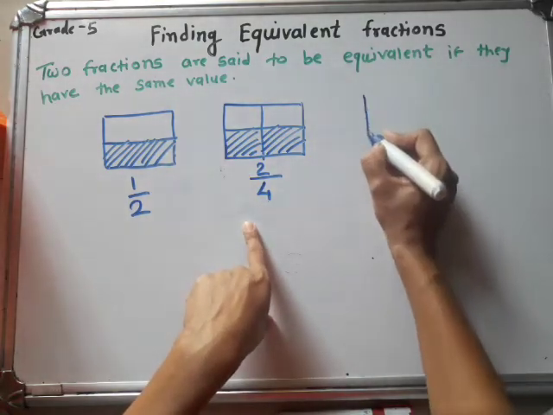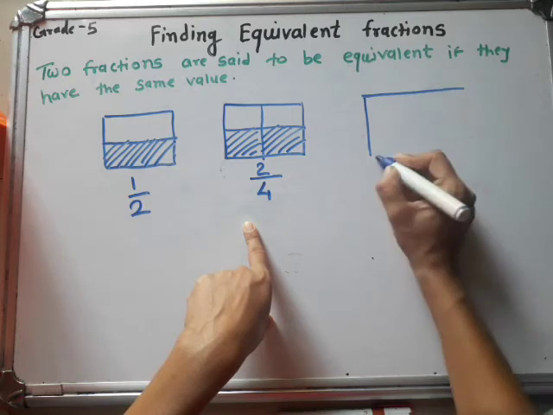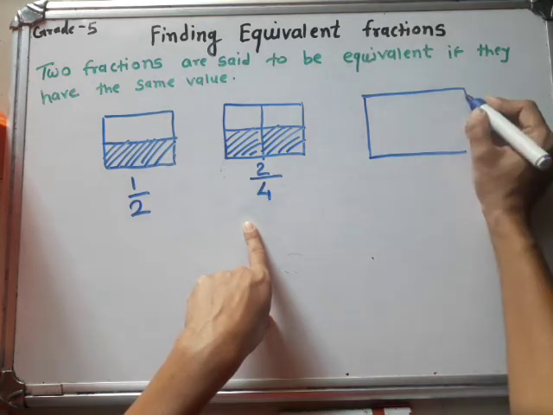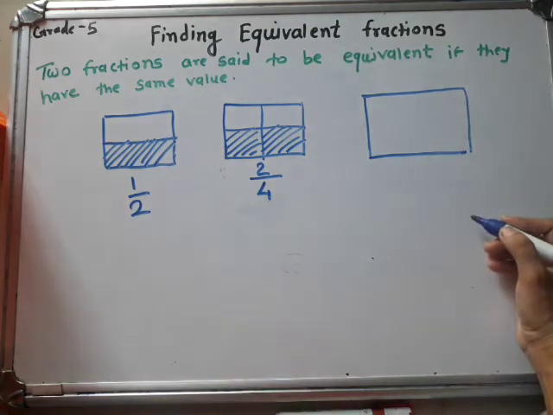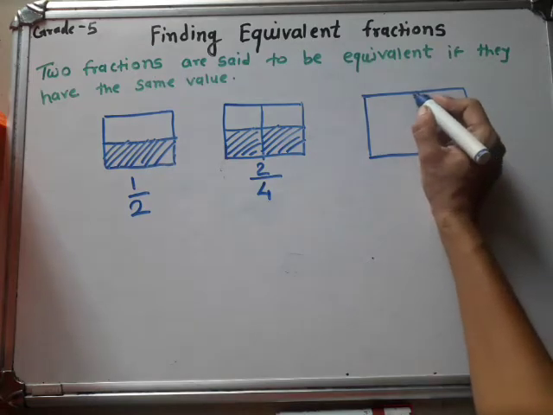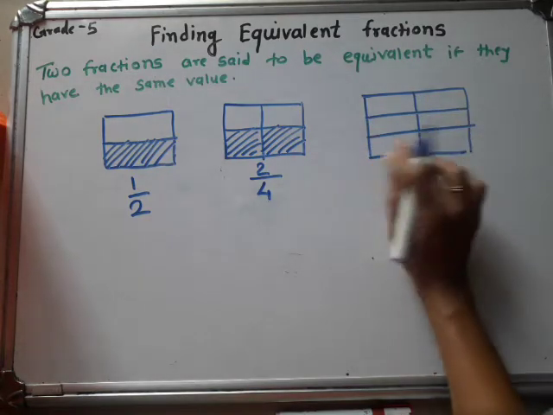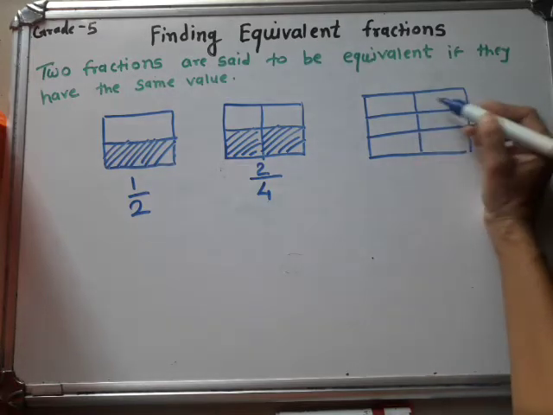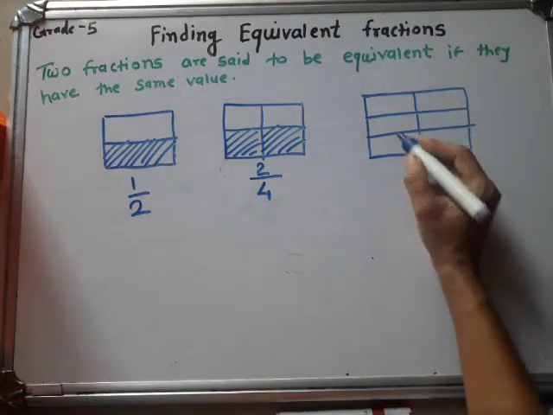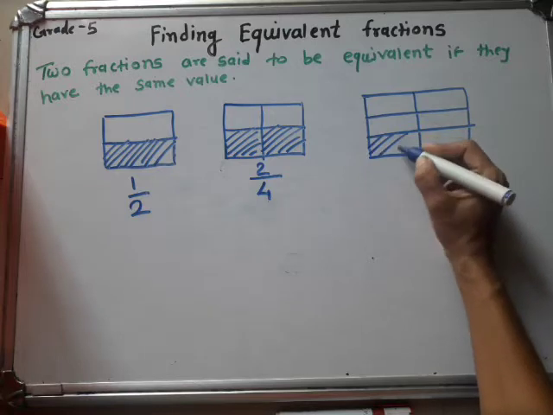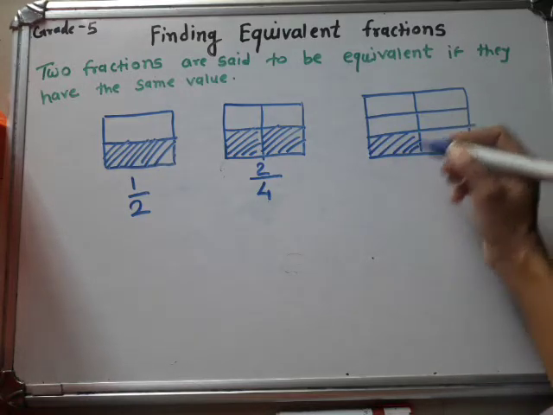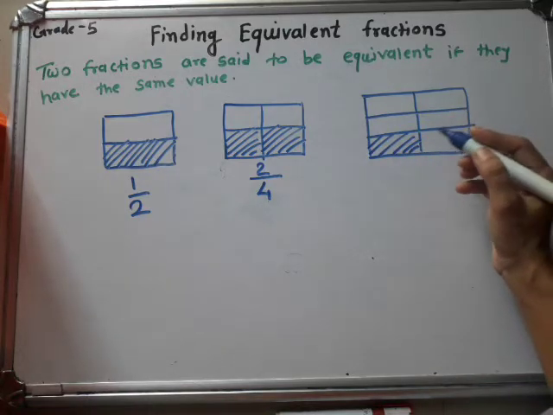And then next again we take the same paper. Now we fold the paper into 6 equal parts. See here, this half fold, 1, 2 and 3. See here, 1, 2, 3, 4, 5, 6. So here 3 parts are shaded.